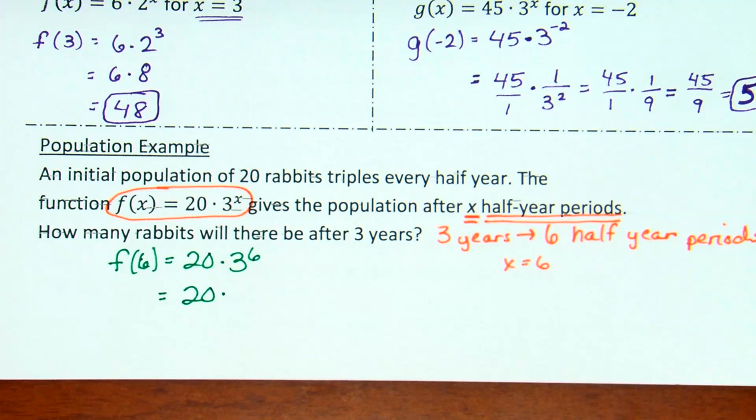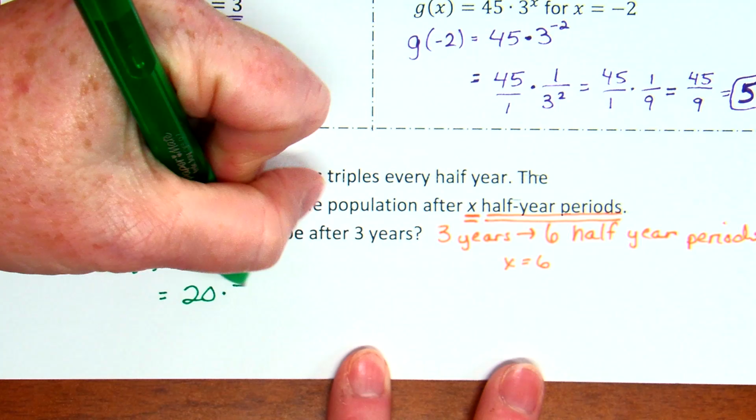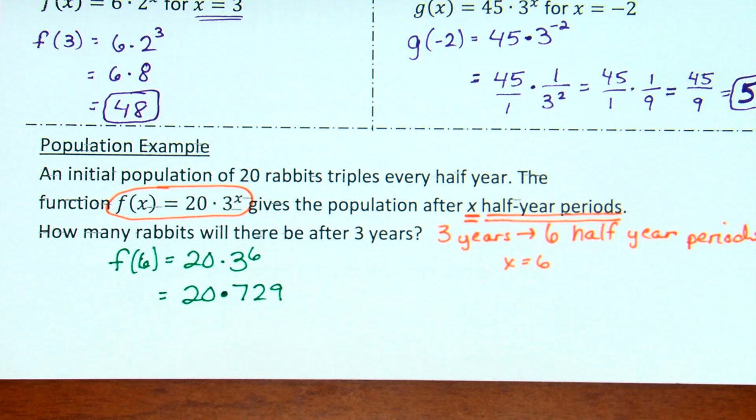3 to the 6th. You gonna do the mental math for me, Jacob? We didn't go that high on the paper the other day, I don't think. Okay. Calculator says 729. Yeah, 3 to the 6th gets a little big.